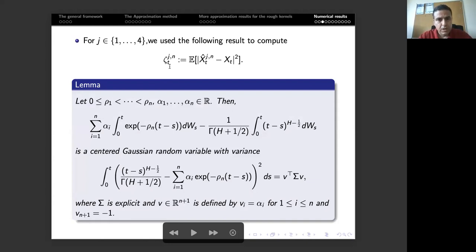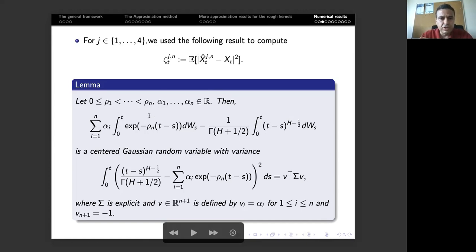of t. So one thing to be noticed here is that this error can be explicitly computed. Why? Because it is simply based on this remark. Remember that X_t is simply given by this stochastic integral, because we are in a very specific case. And we want to approximate this.